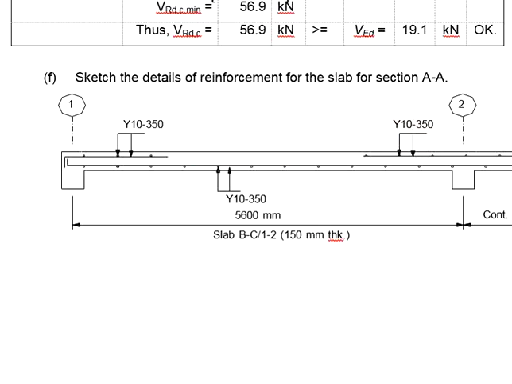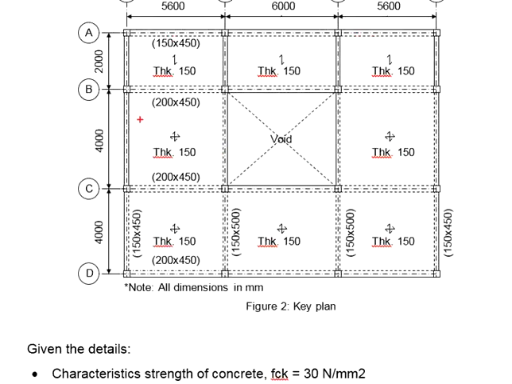The more critical side will be placed at the bottom, while the less critical side will be placed on top of the longitudinal reinforcement. In other words, in this direction, it is the shorter span. You will place this reinforcement at the bottom, and in this direction, it will be on top of the other reinforcement.